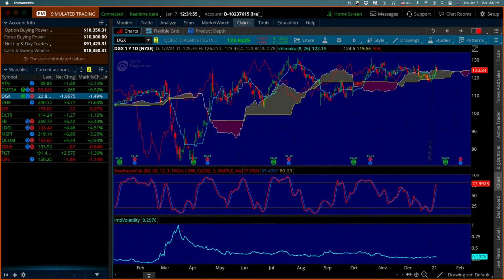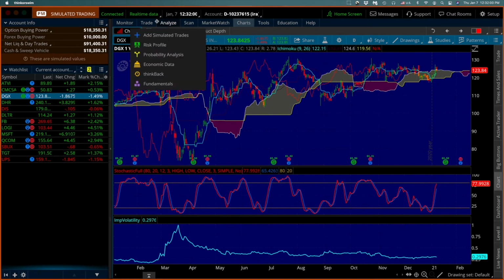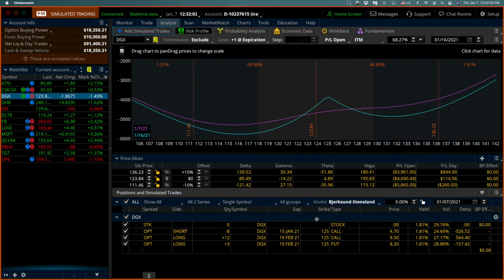Let's look at the chart. It feels like it wants to break out. We can't really do the calls because they are expiring next week.